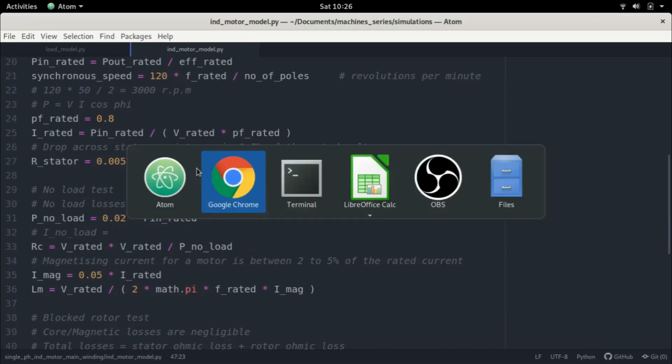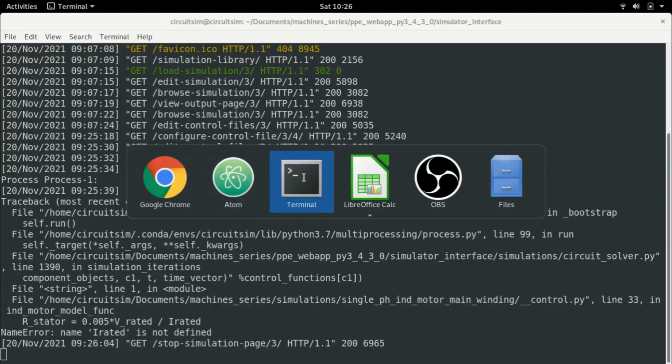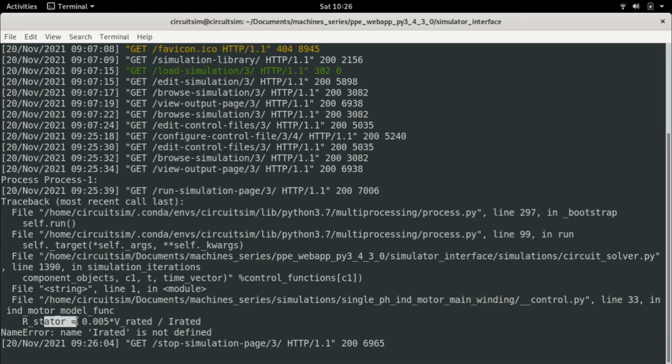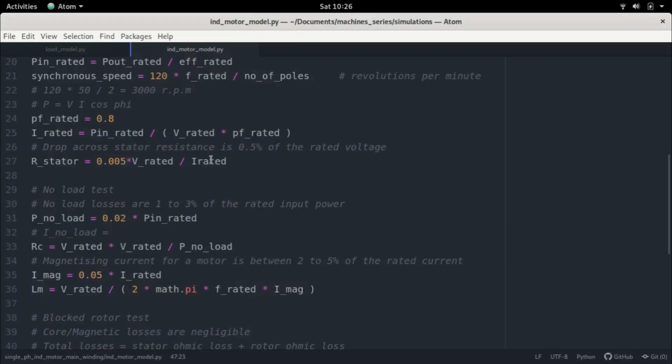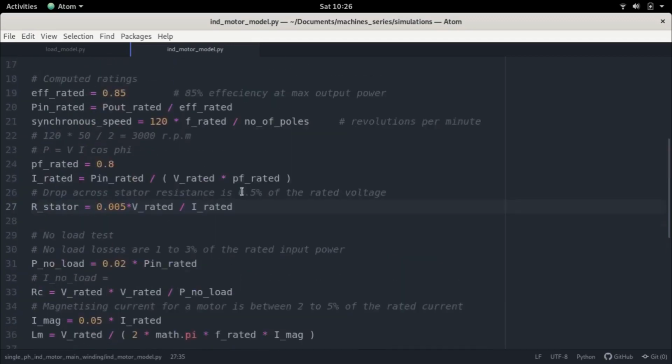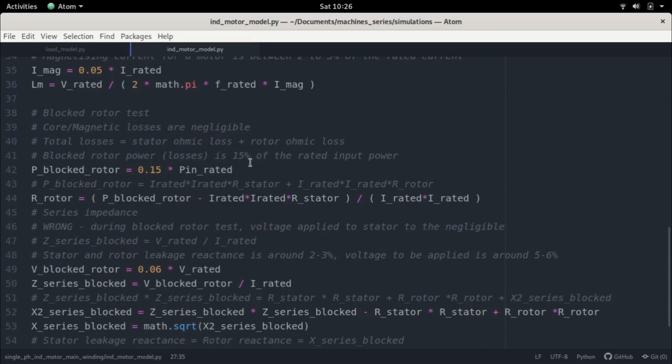It is this one, R stator is equal to 0.5 rated I stator. It should be I underscore rated. Just a minor error. These kinds of things will always happen, which is why I always recommend you run the simulation once so that you know you haven't made any silly mistakes such as this.